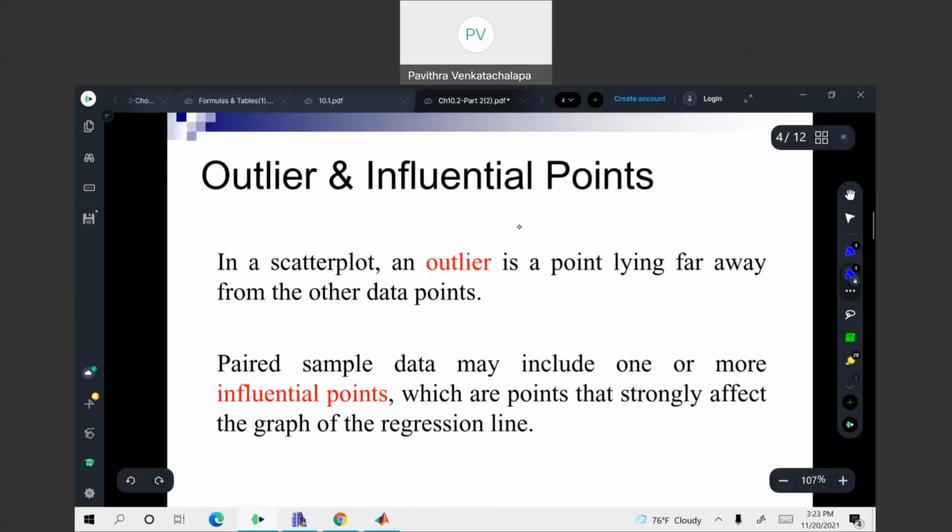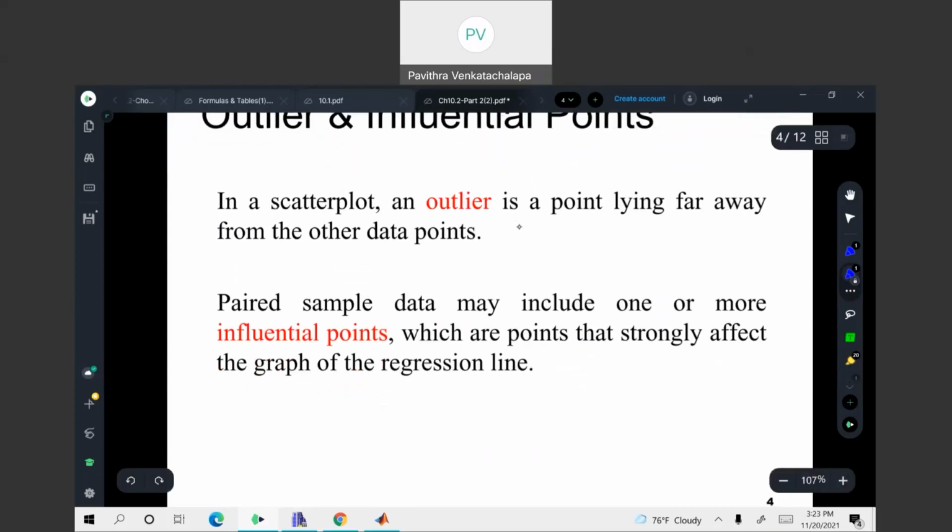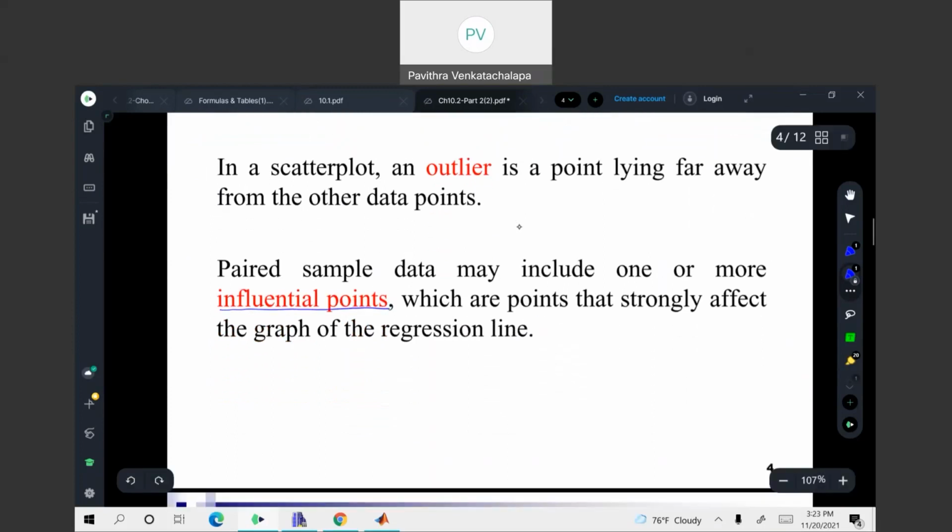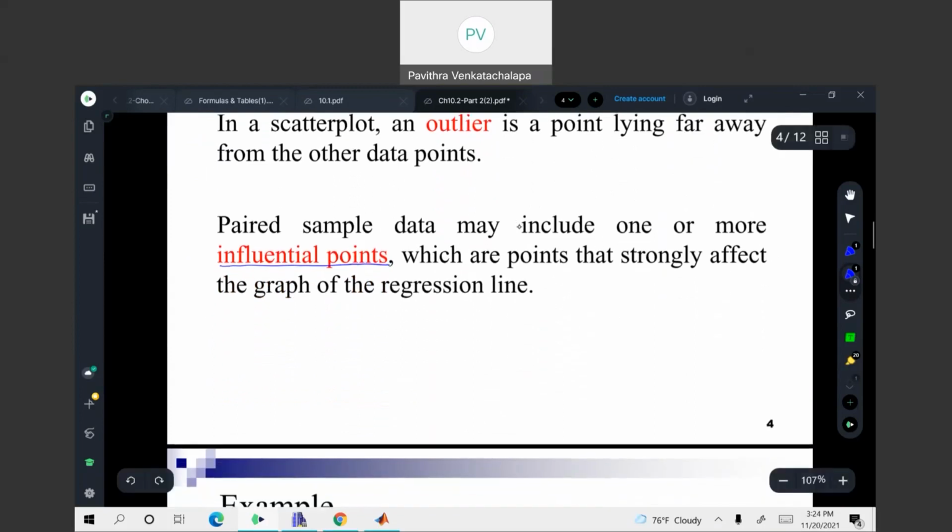Okay, next is outlier. You all know that an outlier is a point which lies far away from the other data points. Likewise, we also have the influential point. The meaning is the same as your outlier, but it is used when you are using paired data. So what do you mean by paired data?